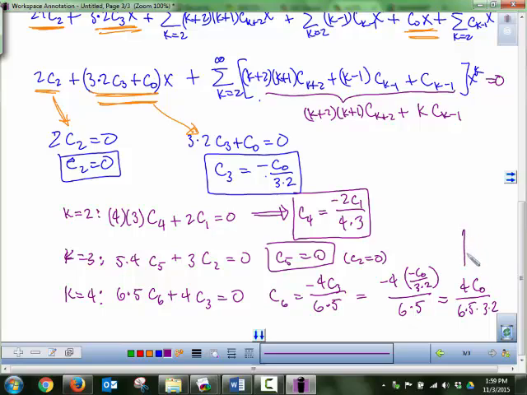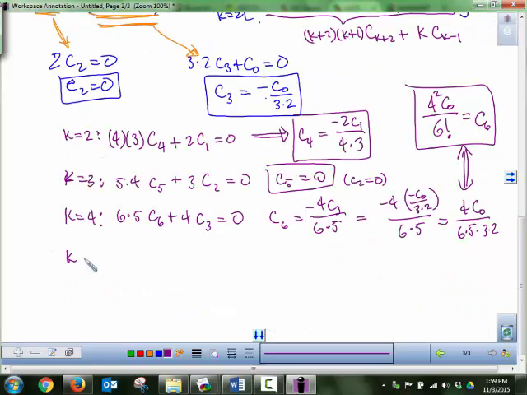So if we multiply top and bottom by 4, we're going to get a 4 squared c sub 0 divided by 6 factorial. Maybe. All right, I still don't see a pattern here, so let me do one more.